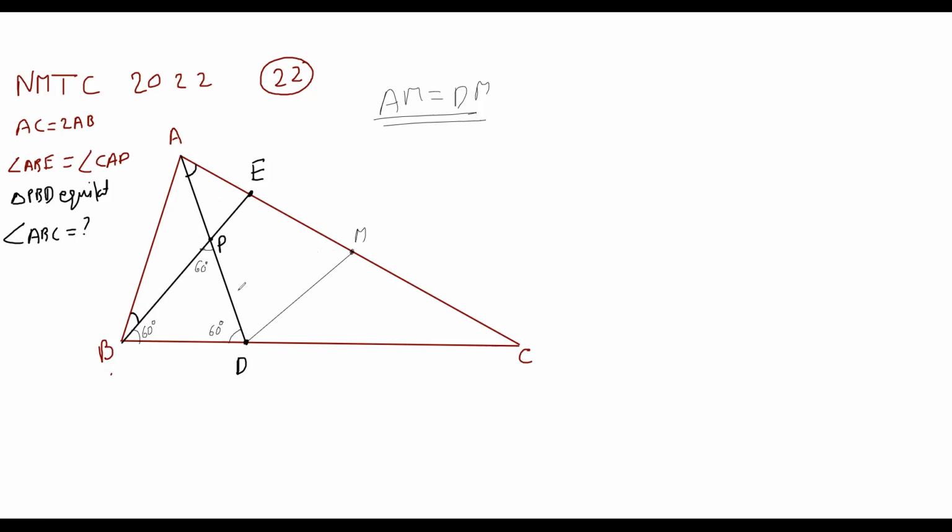So what happens now you see is that this AB becomes equal to AM. So that is okay. This is X, X. Okay, so this is 120.